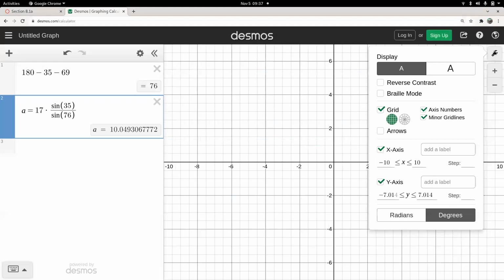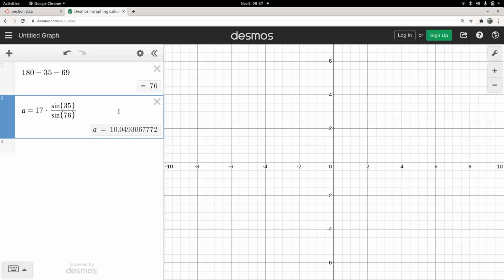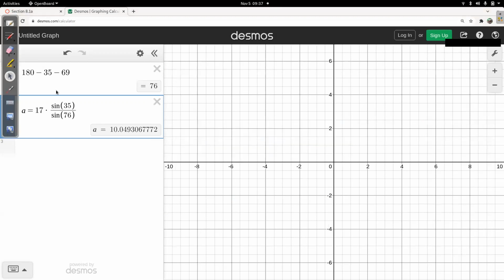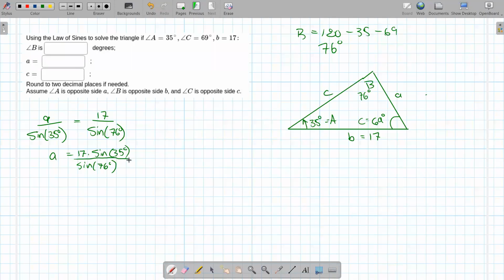And I selected degree mode earlier. So I get A is about 10.0493 maybe. To 2 decimal places, 10.05.